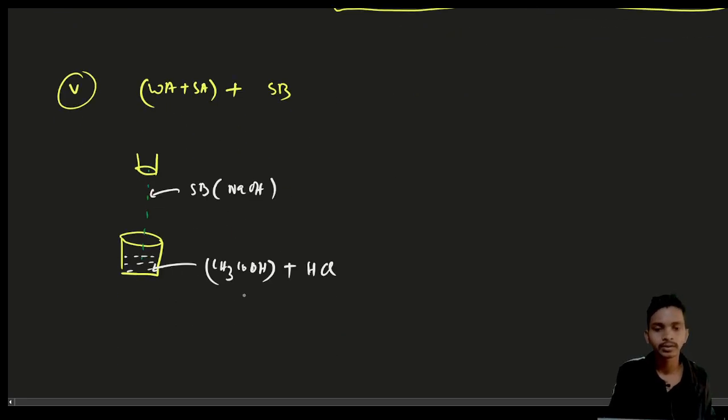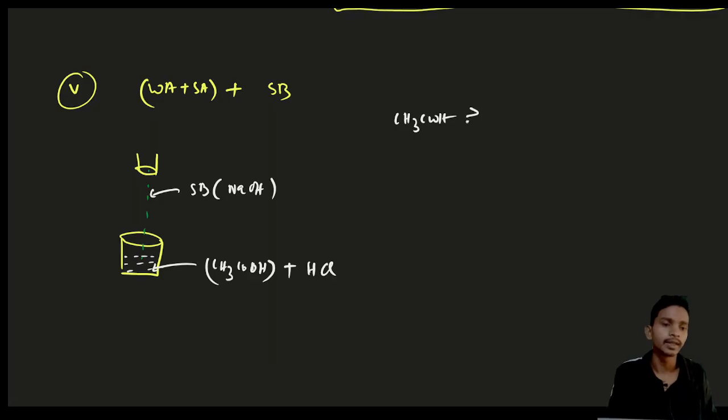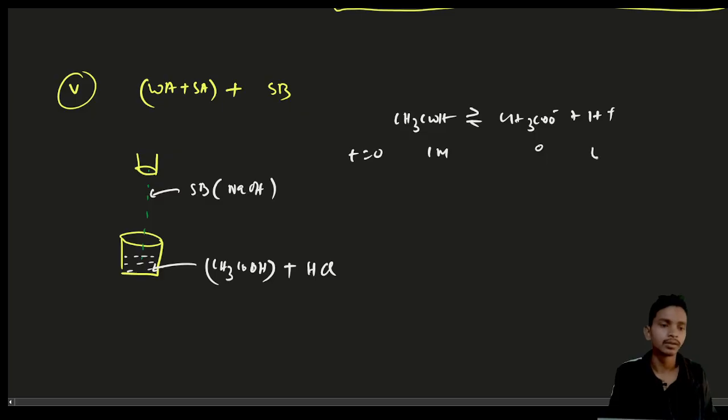So we already discussed CH3COOH. Yes, CH3COOH is partially dissociated. I am doing this very fast because I already discussed these things. So at t equals 0, 1 molar, 0, 0, and at t equals equilibrium.